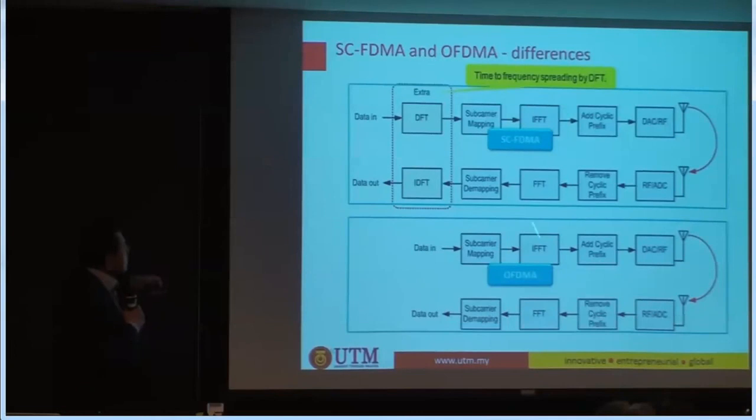This is the difference. The single carrier only adds the DFT component at the transmitter and at the receiver. Otherwise, if you compare it with OFDM, they are similar. The additional component spreads out the symbols into different sub-carriers by using the DFT. So that is the difference.